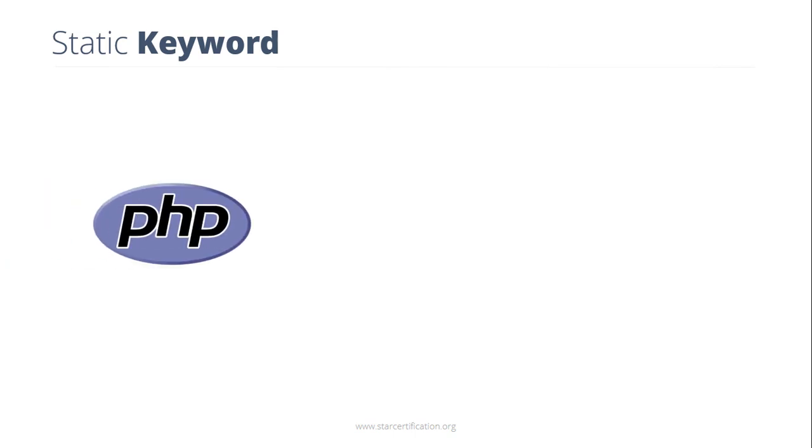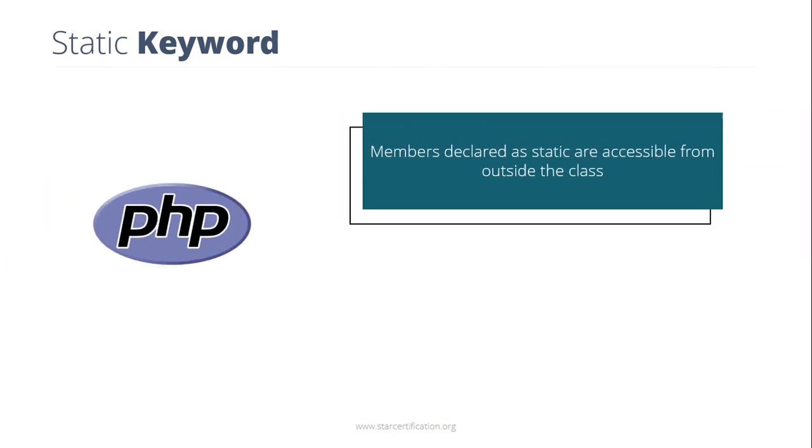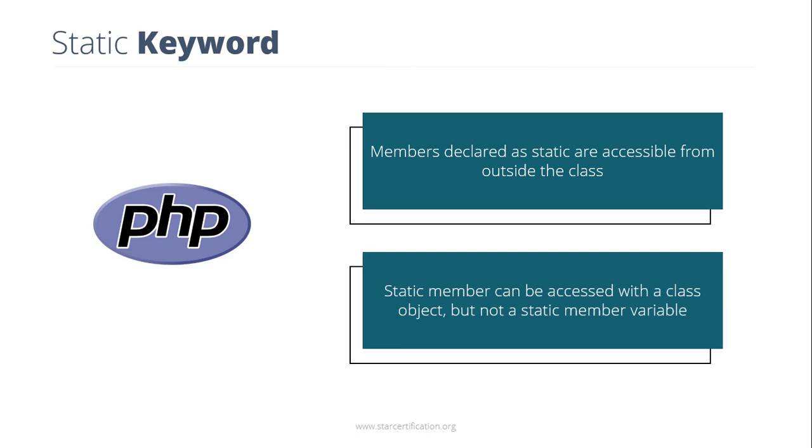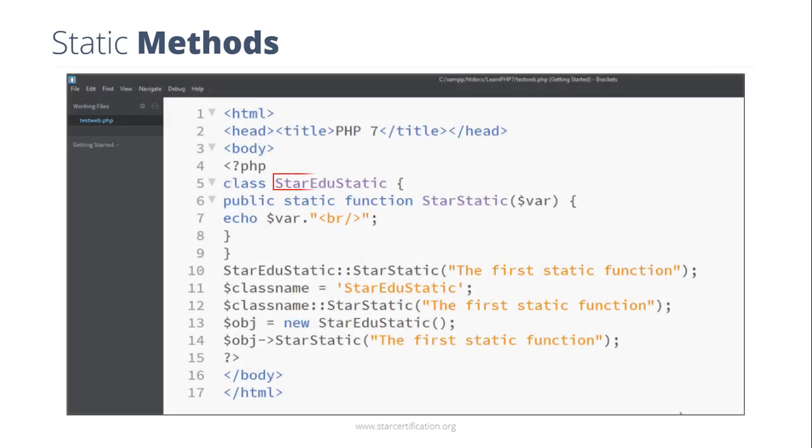In a PHP class, the members declared as static are accessible from outside the class without the use of any instance. A static member function can be accessed with a class object, but not a static member variable. A static method can be called without using the class objects.